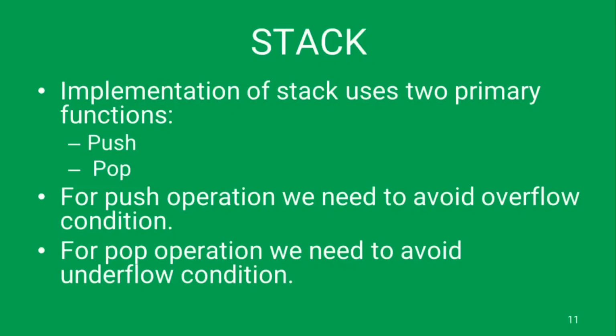Let's say your water tank is empty and you're still trying to remove some water with your pump. You're not going to get any water out of it. So it is called underflow condition. So basically, if your stack is empty and you're trying to delete some element, it's not going to work, right? So pop operation is basically deleting an element. Push operation is inserting a new element. But you cannot delete something that is not present. So that's why you have to check for underflow condition.